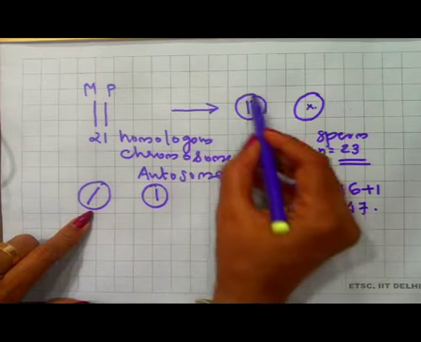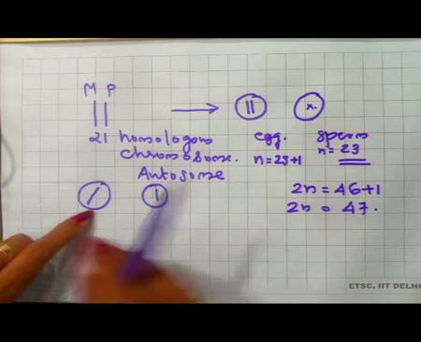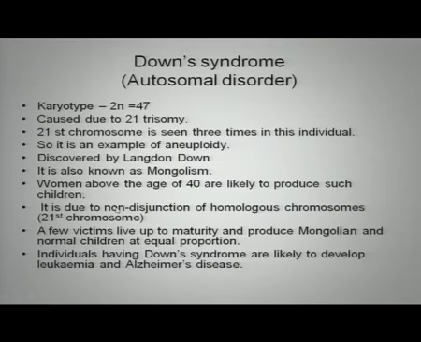But here it is not segregating. Hence, we are using the term non-disjunction. Junction means union, to remain together. Disjunction means separation. Non-disjunction means non-separation. So, due to the non-separation of these homologous chromosomes, that is the 21st autosome, this condition occurs.